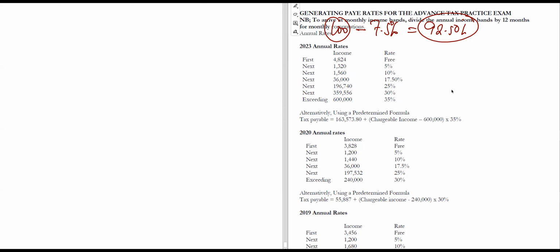So assuming the question relates to the 2019 or 2020 year of assessment, you have to remember the rates that were used there. Sometimes they provide it for you. For international tax, mostly provided for you. But if you are doing advanced tax practice or something, at least just know the basics. Most of the time, they will not give you benefits in kind. Hardly do they give. It will be straightforward, just like what we saw.